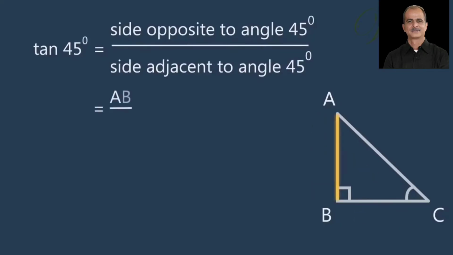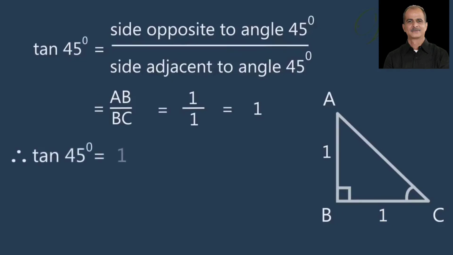So it is equal to AB upon BC, which is equal to 1 by 1. So the final answer is 1. Therefore, the value of tan 45 degrees is equal to 1.